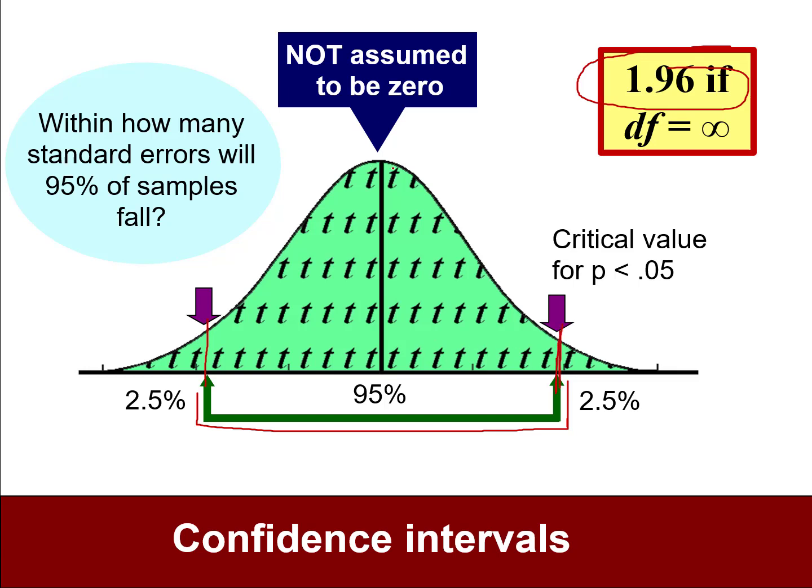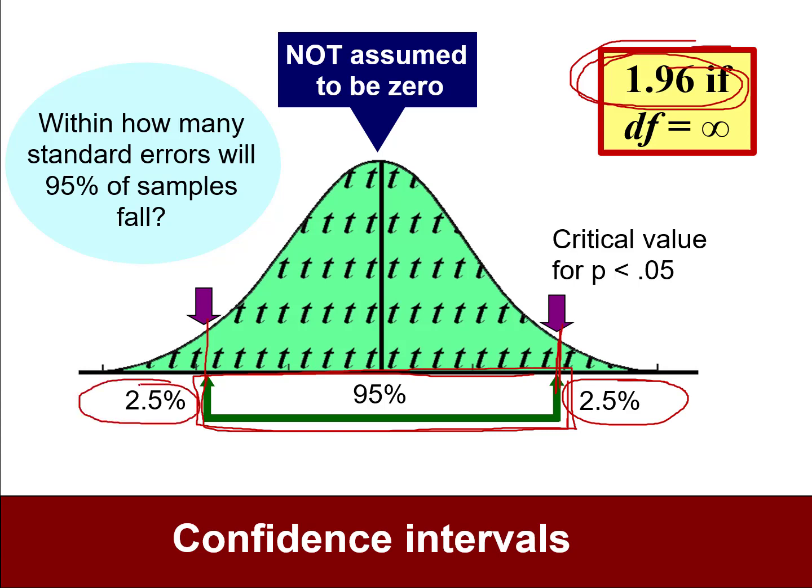And I know that if I have my sample size and look up my critical value on a t-table, and that critical value is 1.96, then this is what it looks like: 95% of my samples will fall plus or minus 1.96 standard errors, 2.5% will go higher than 1.96 standard errors, and 2.5% will go lower.